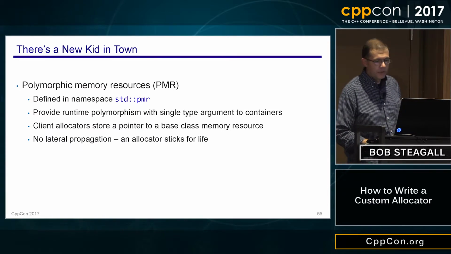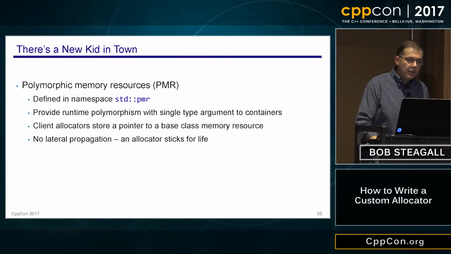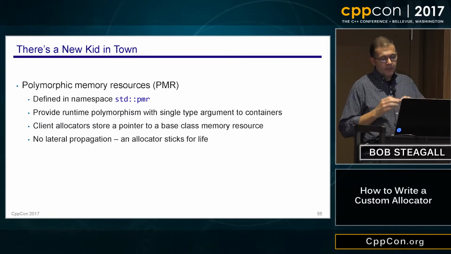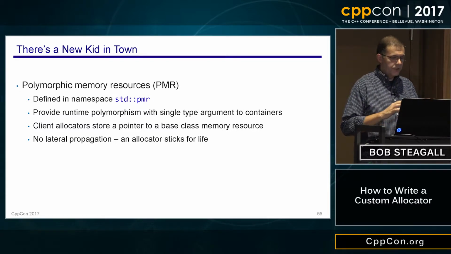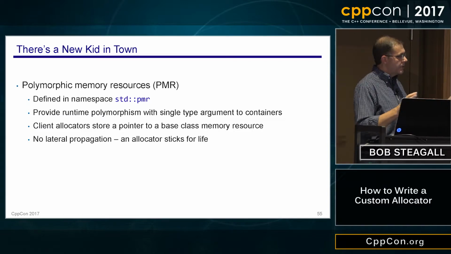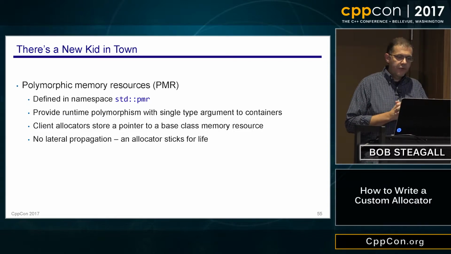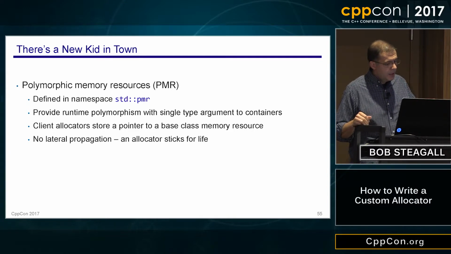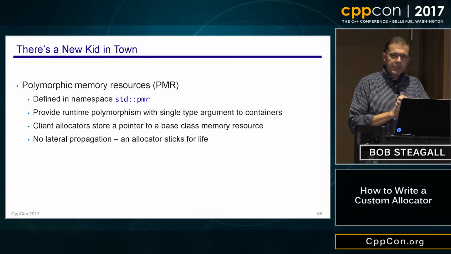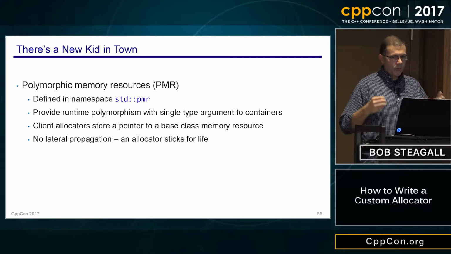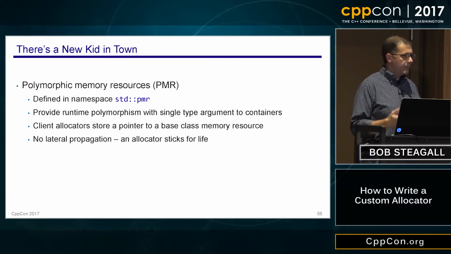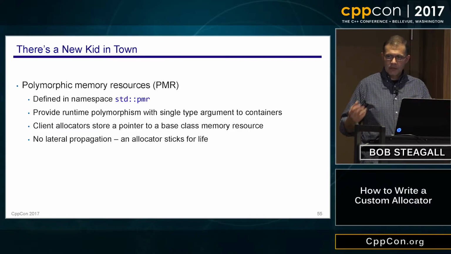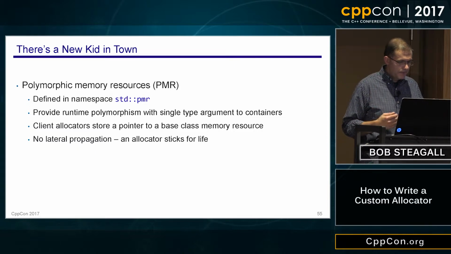There's a new kid in town. Starting with C++17, as part of the std::pmr namespace, there are now these new things called polymorphic memory resources, and I personally think that this is a good idea. They provide the ability to tailor the allocation behavior of a container at runtime through dynamic polymorphism rather than at compile time through static polymorphism with different template types.